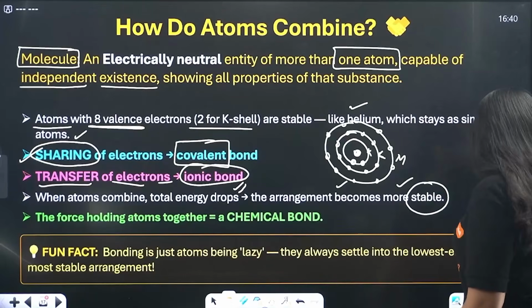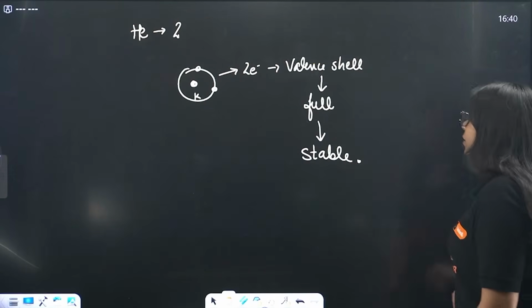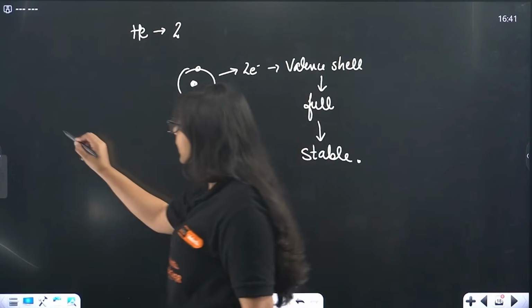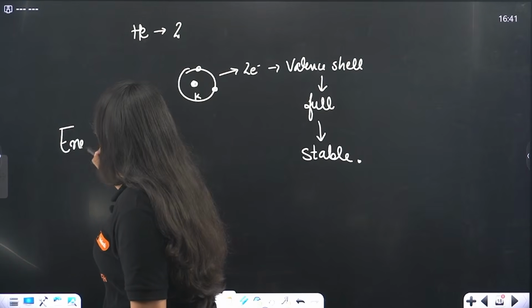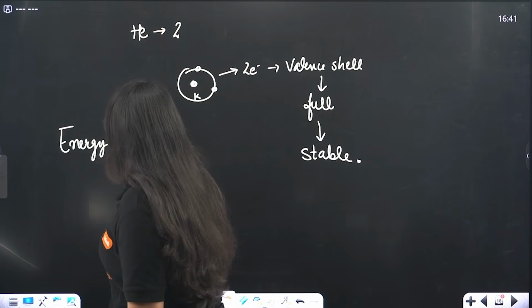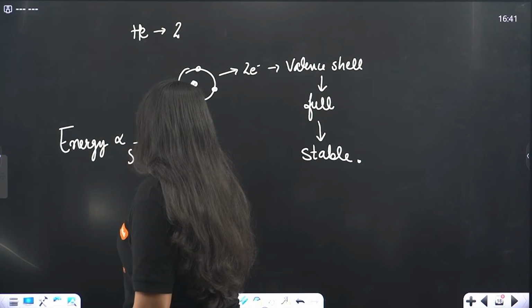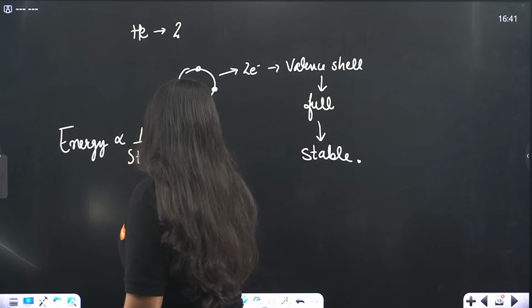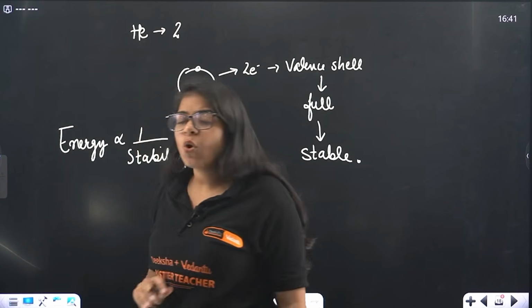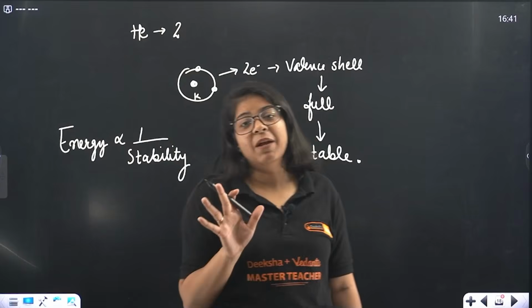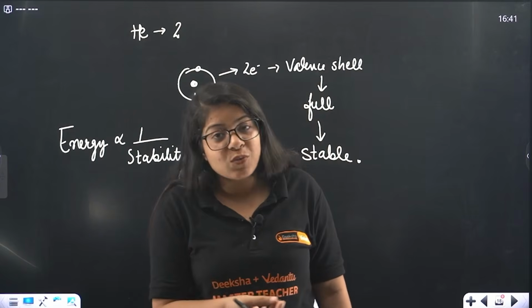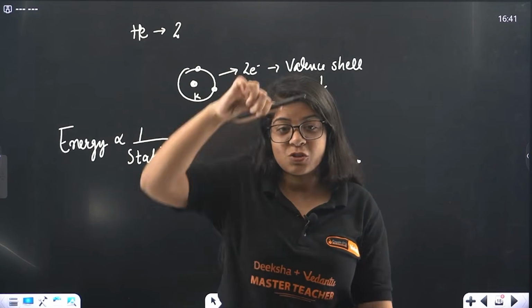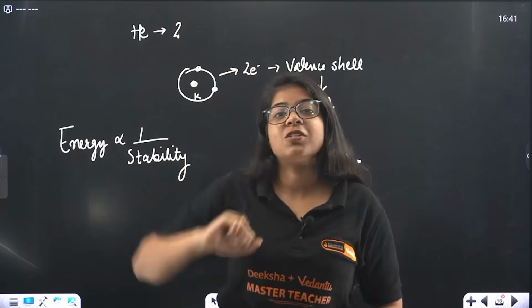One thing you need to remember is that whenever we talk about energy and stability, they are inversely proportional. Now beta, everything in this whole universe just wants to be stable. You want to be stable, your parents want to be stable, this pen wants to be stable. So when I leave it, it falls down, right?